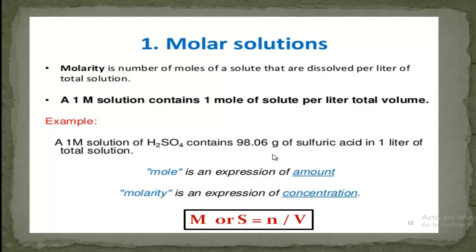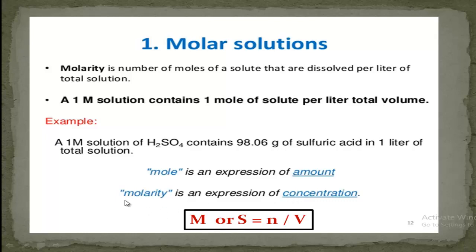So, my dear students, you have to remember that mole is an expression of amount and molarity is an expression of concentration. Mole is just an expression of the amount of substance, and molarity expresses the concentration.